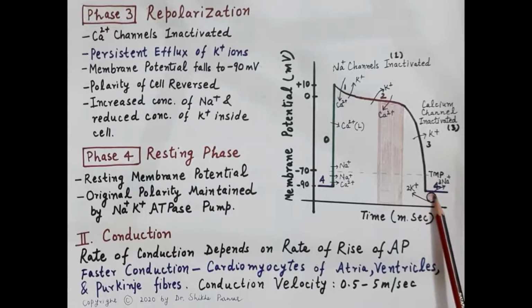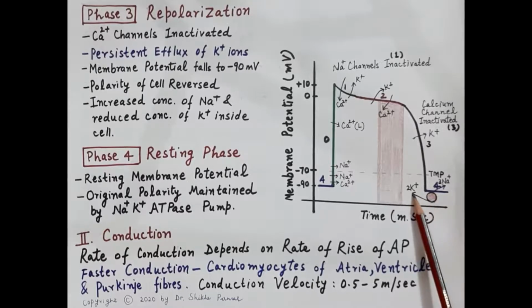Now, during phase 4, the resting membrane potential is minus 90 millivolts, and the normal polarity of the cell is also achieved by the activation of the sodium potassium ATPase pump. What this pump does is throw away excess sodium ions outside the cell and pull the potassium inside the cell.